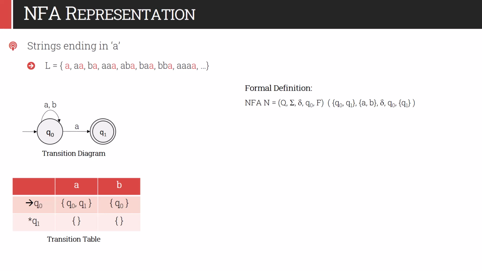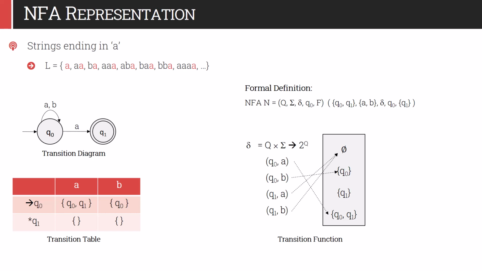The initial state is Q0 itself and the final state is Q1. And the transition function is defined by delta from Q cross sigma to the power set of Q. And we have 4 possibilities: Q0A, Q0B, Q1A, Q1B. And appropriate transitions are shown on the right hand side.